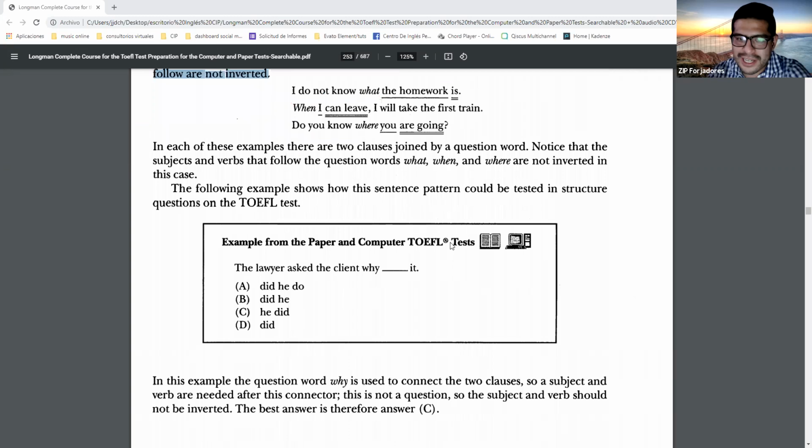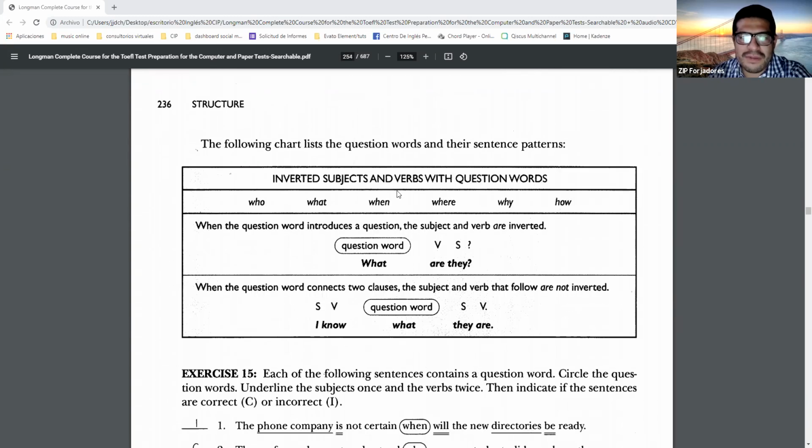This is the first rule. It's very easy. So remember, invert subject and verb with WH questions: who, what, when, where, why, how. When the question word introduces a question, the subject and the verb are inverted. Question word, what; verb, subject. What are they? When the question word is a connector, connecting two clauses, the subject and the verb are not inverted.